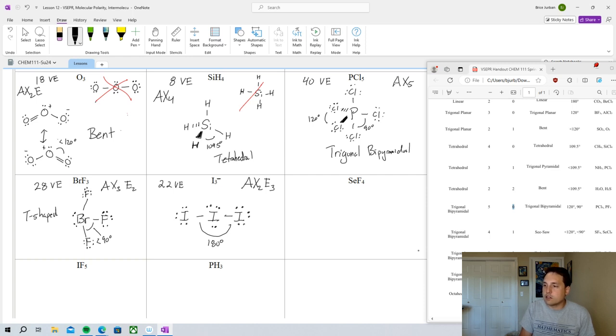That's an interesting fact. And then if we look at the formal charge on the iodine in the middle, 7 minus 6 minus 2 is going to give us the -1 charge that's on that central atom.